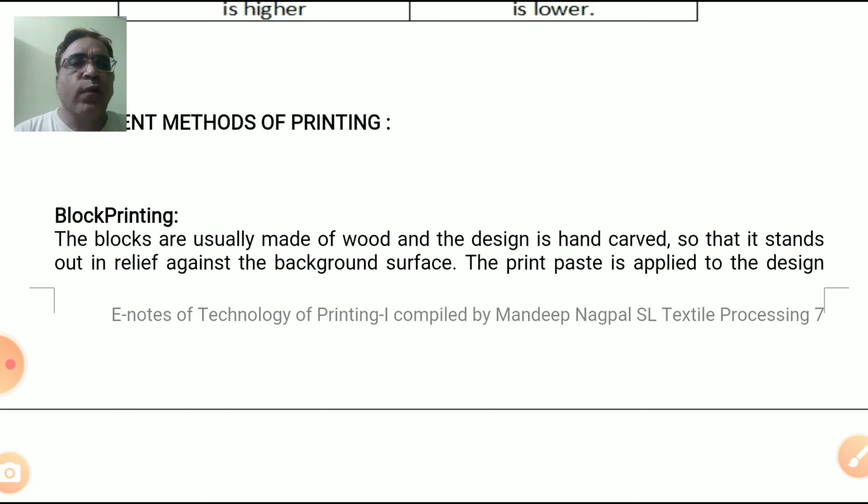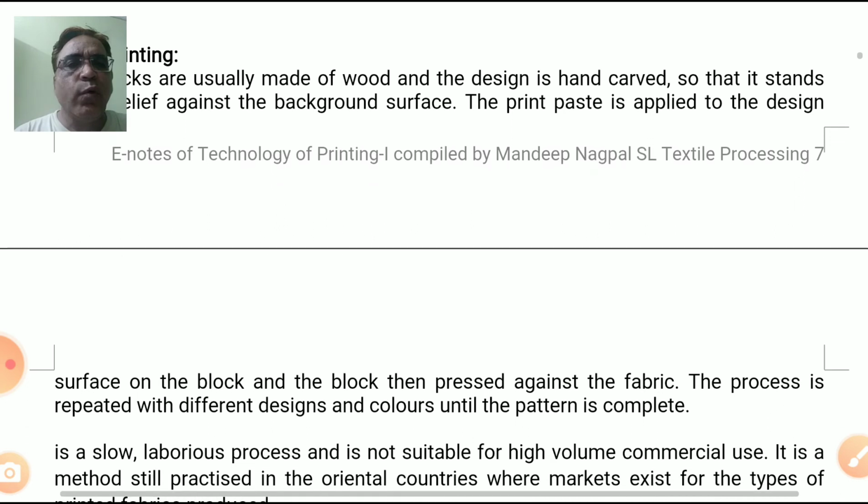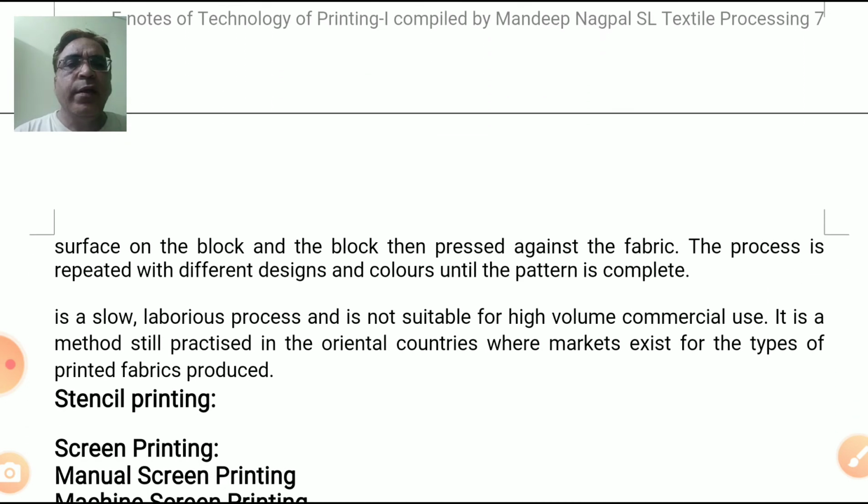So two kinds of block can be there on which a design can be made. If the design is appearing on the block in the raised form, then it is called relief. And if the design is appearing on the block in the engraved form, then it is called intaglio. As we move further, this is the oldest method of printing which we use for making prints on fabrics.